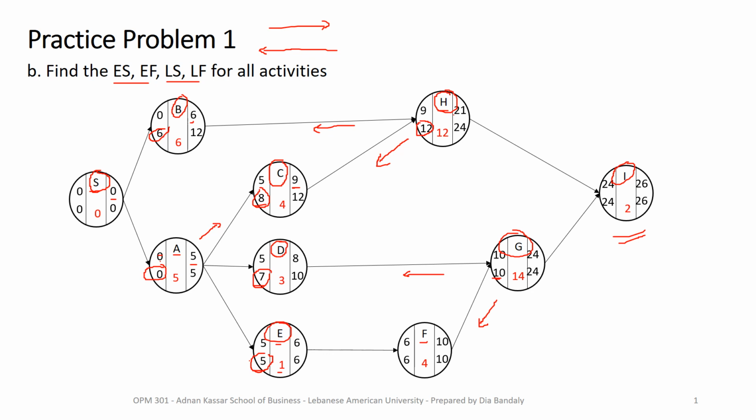And as I explained to you earlier in the lesson videos, you should expect to have all zeros for the virtual activities, because it's virtual, it's not a real activity. Okay, so now we found all these 4 values for each activity, which allows us to do the next step. What we're going to do next is find the slack of every activity. So let's go ahead.